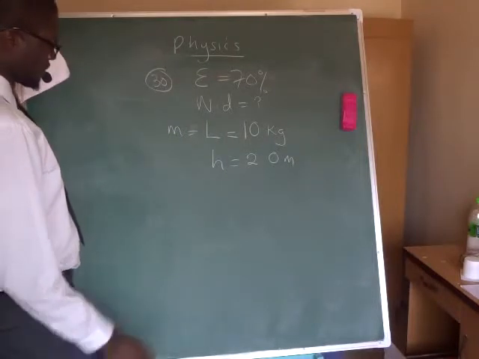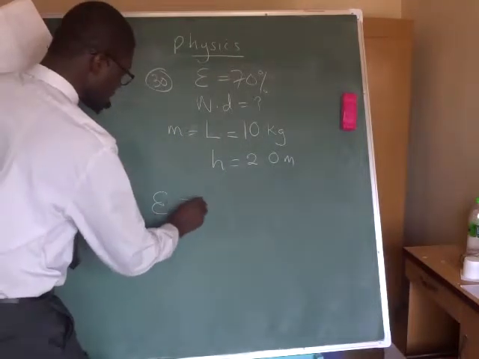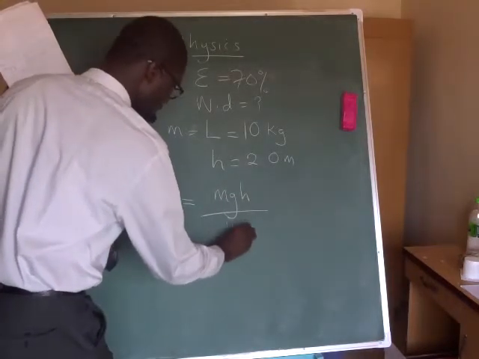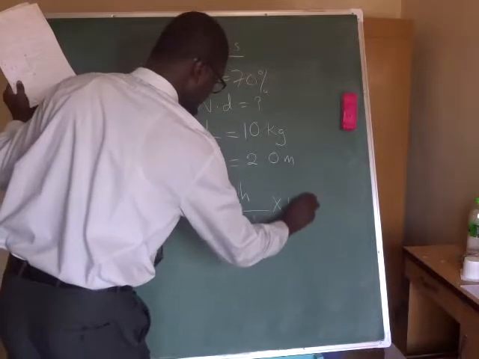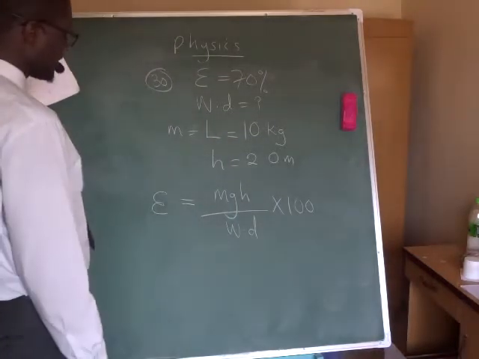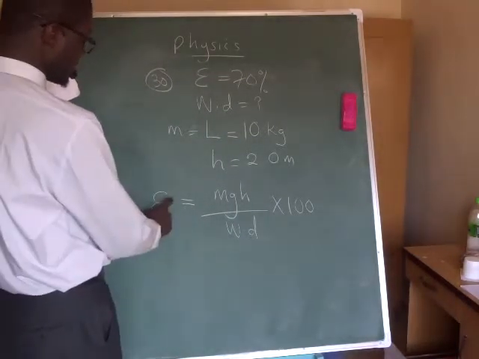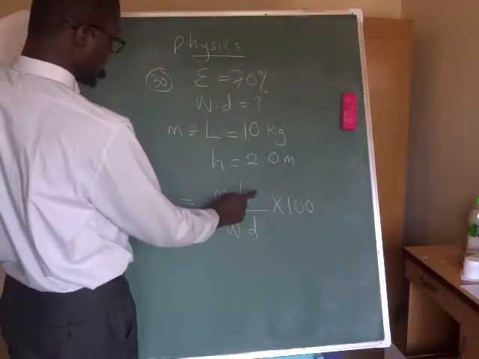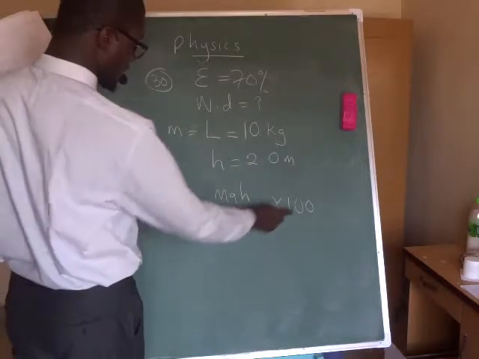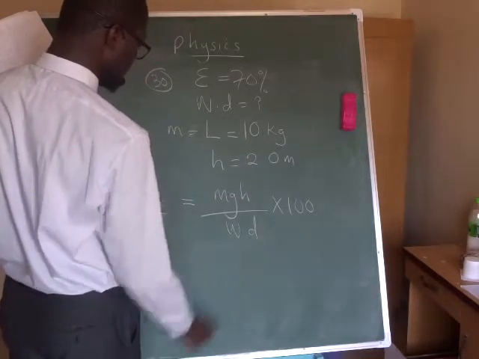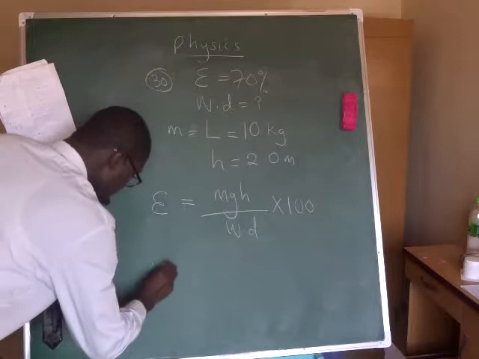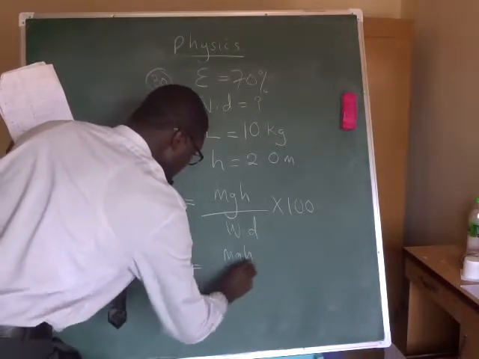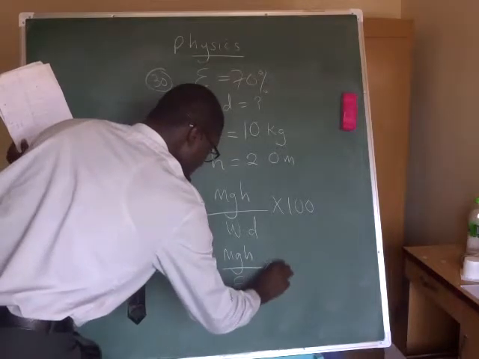Now, we use the relation that says efficiency is equal to potential energy, mgh, over work done, multiplied by 100%. So our efficiency is given. We have mass, acceleration due to gravity, of course, is 10. Height is 2. So we are looking for WD. If I make WD the subject, work done will be equal to mgh over efficiency times 100.